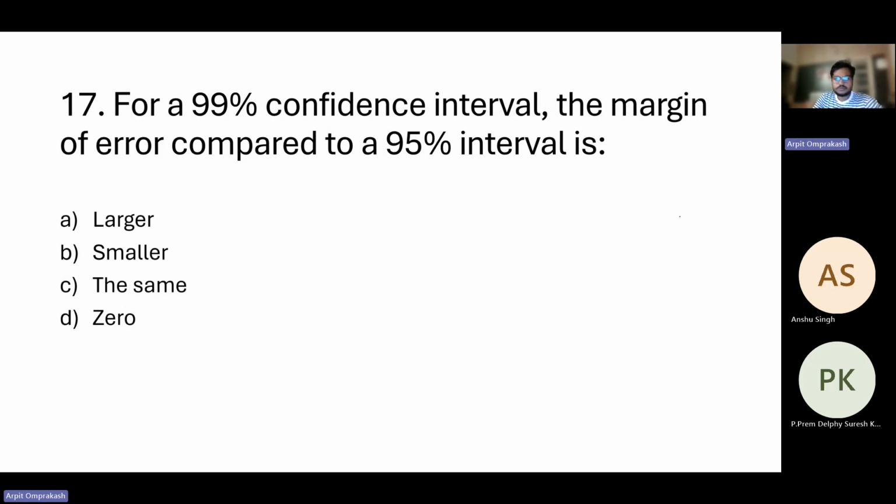So let's say this is a 95% confidence interval, and this is our population mean. Then our margin of error is this length. This is how much error we can have when we are trying to estimate the mean.